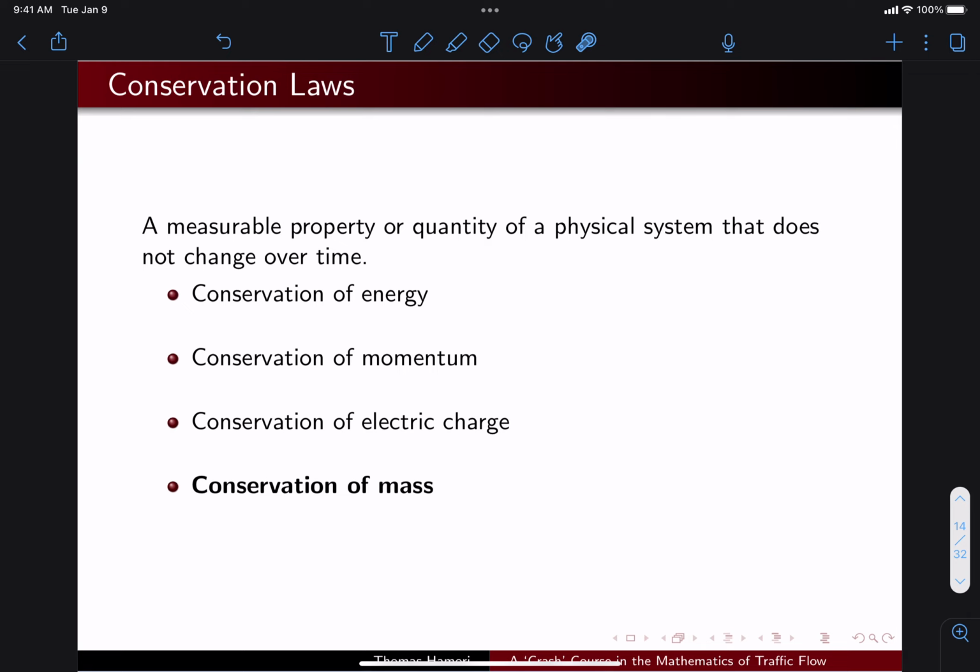So like, we have conservation of mass, which basically says unless we're blowing up atoms, the amount of mass in our system is not going to change unless you remove some, okay, or something like that. So that's what we're going to talk about for traffic flow because, of course, the amount of cars that we have is not going to change. We're not going to blip another car into existence or blip one out of existence.